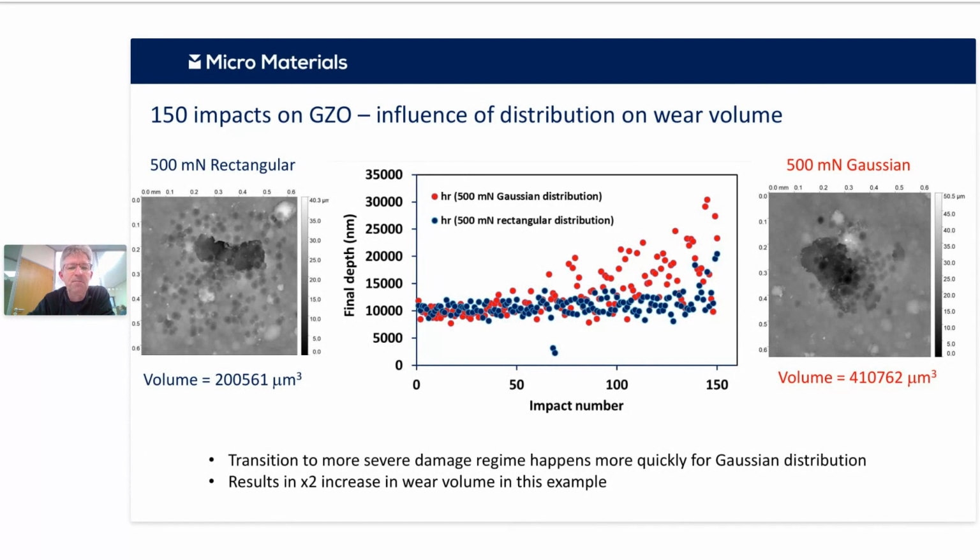We can track that in the middle by looking at the final depth as a function of number of impacts. And you can see there's a clearer transition towards this bigger damage regime for the red, the Gaussian distribution one. You can see on the right that there's a region of that material that has been completely destroyed, and it's much less on the left.